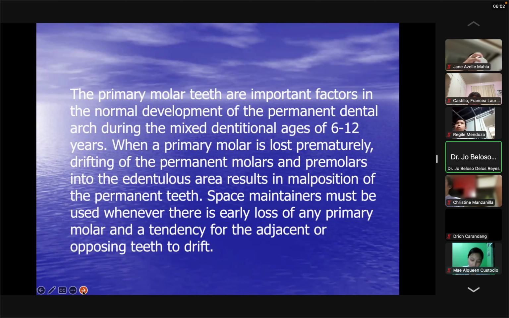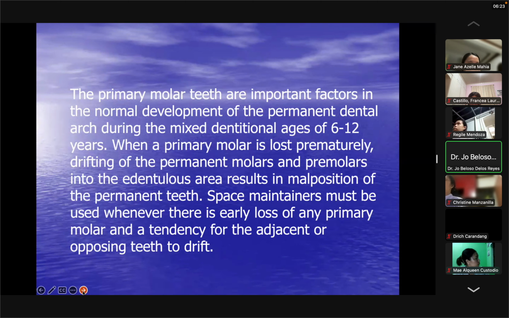If you extract the primary molar early, because with the normal eruption age of the second and first bicuspid premolars, permanent teeth yun, di ba, premolars. It erupts at the age of 8 to 9.